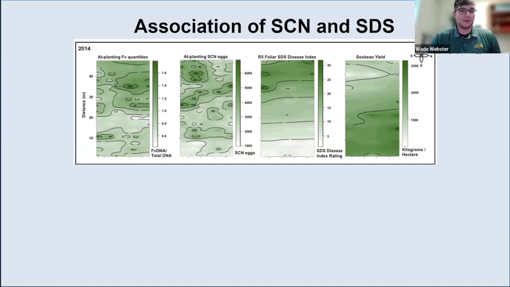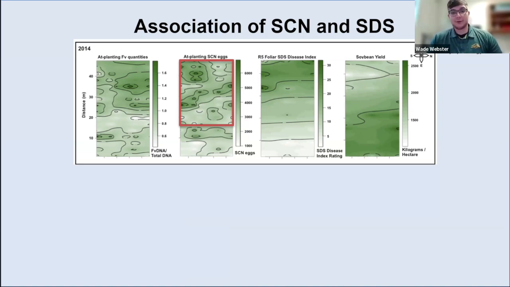Now, this is work done out of Michigan State, looking at this association between SCN and SDS. In these figures, this FV here, that's the Fusarium virguliforme, so looking at the levels of this SDS pathogen in the soil, as well as the SCN concentrations at planting. We can see this particular pocket up here in this figure, this is the western side of this particular field.